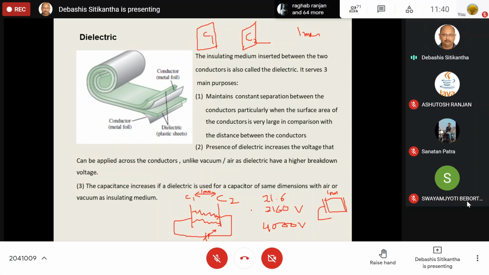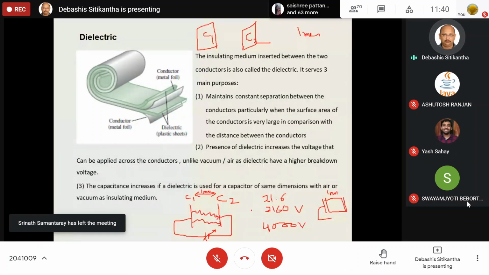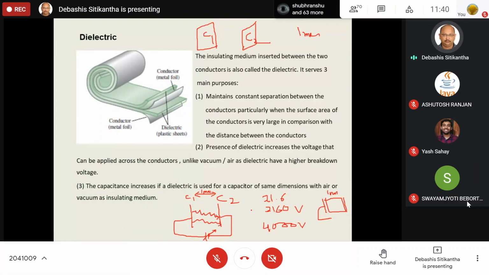That means the paper is going to behave like a better insulator than your vacuum or air. So in other words, by inserting a dielectric medium in between the conductors, the voltage rating of the capacitor can be increased to a large extent. Is it okay?